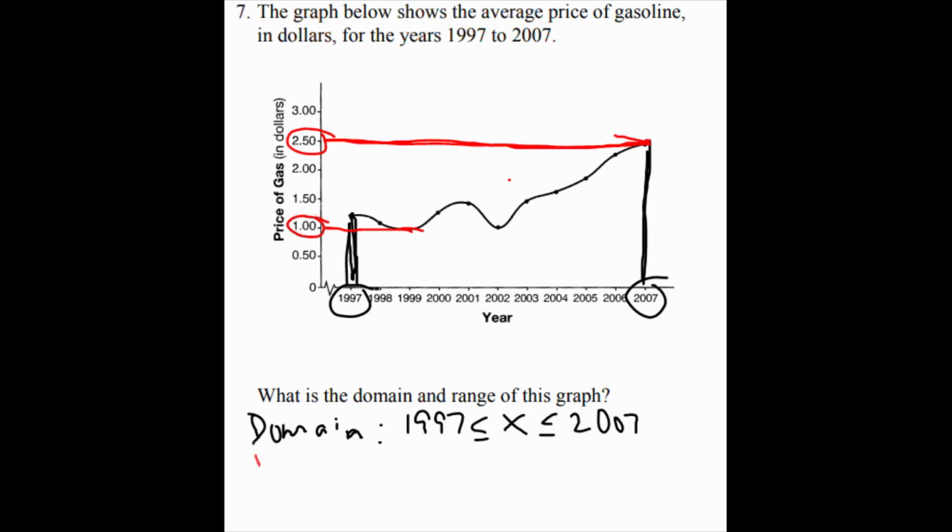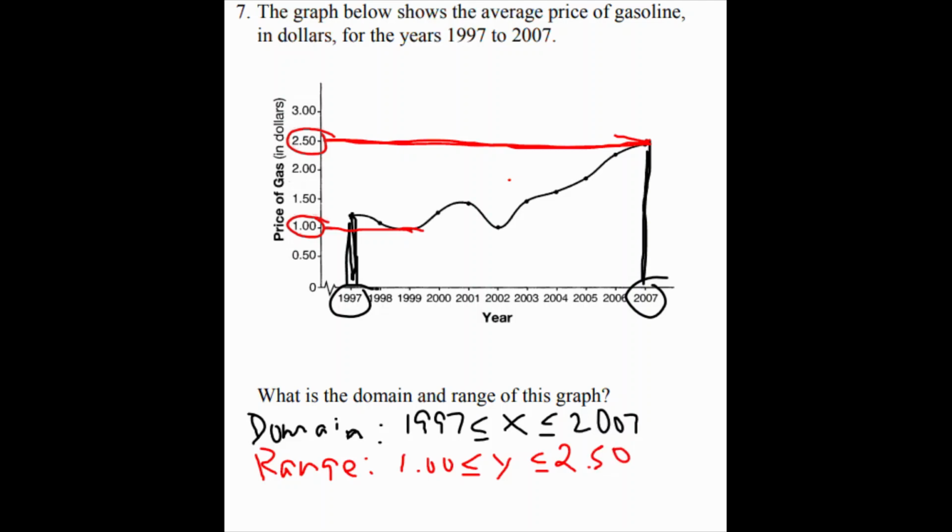So the range, meaning all the y values that we have for this graph, will be at lowest $1. So $1 is less than or equal to y is less than or equal to, in this case, $2.50, which would be the highest value.